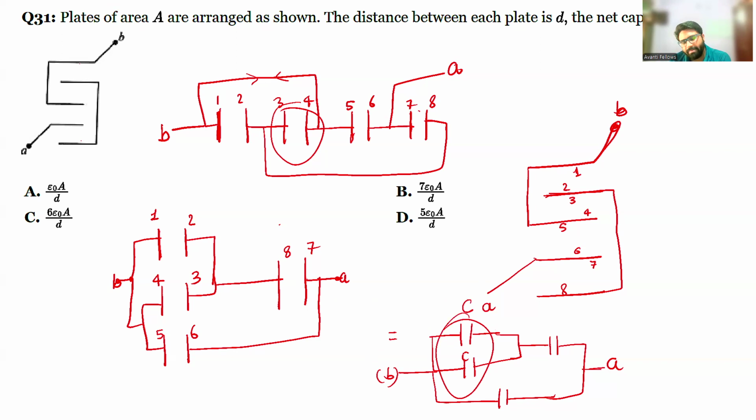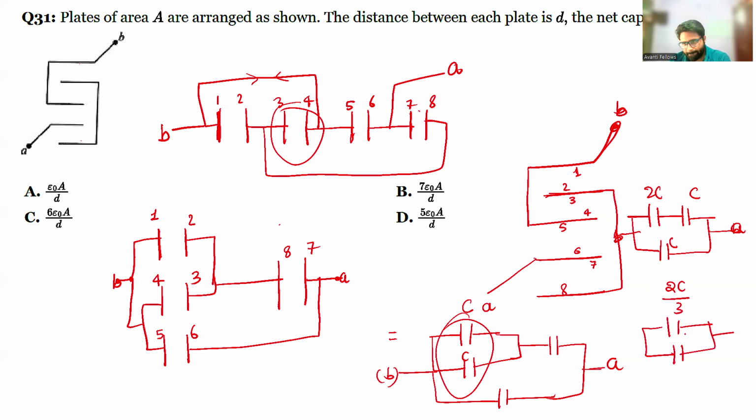So C and C will be what? The parallel combination will become C1 plus C2. So it is coming out to be 2C. A and B. 2C, C and C. 2C and C is in series. So they will be 2C by 3. 2C by 3 is the capacitance.